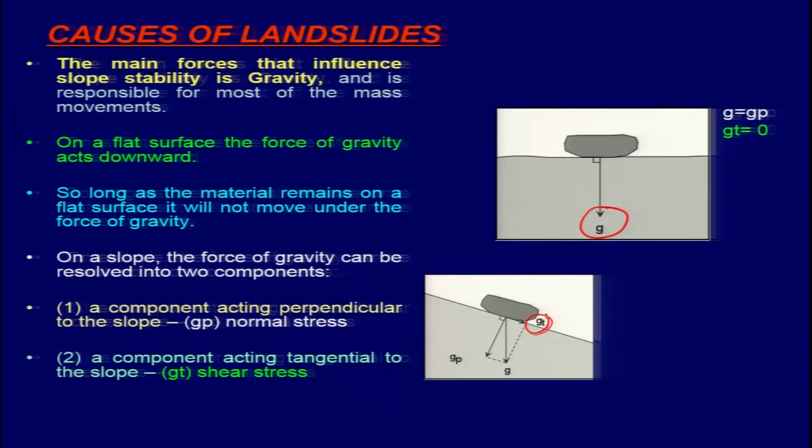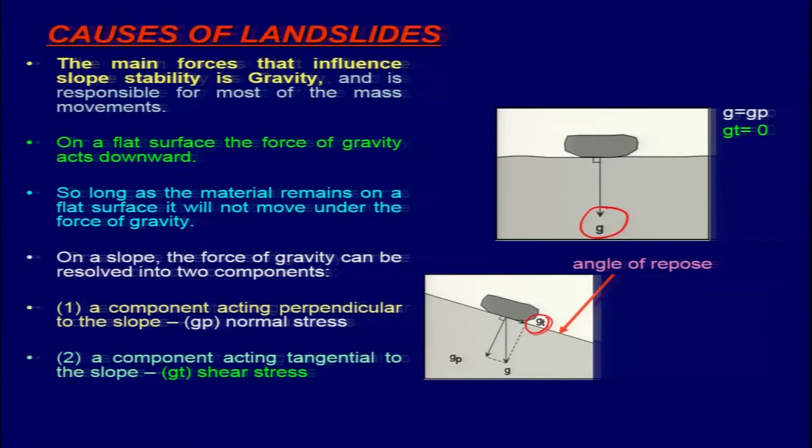If this becomes greater, then you are allowing the material to slip or slide. If Gt, that is your shear stress, becomes greater, then Gp will reduce. If Gt is greater than Gp, then you are creating an ideal condition for the landslide.